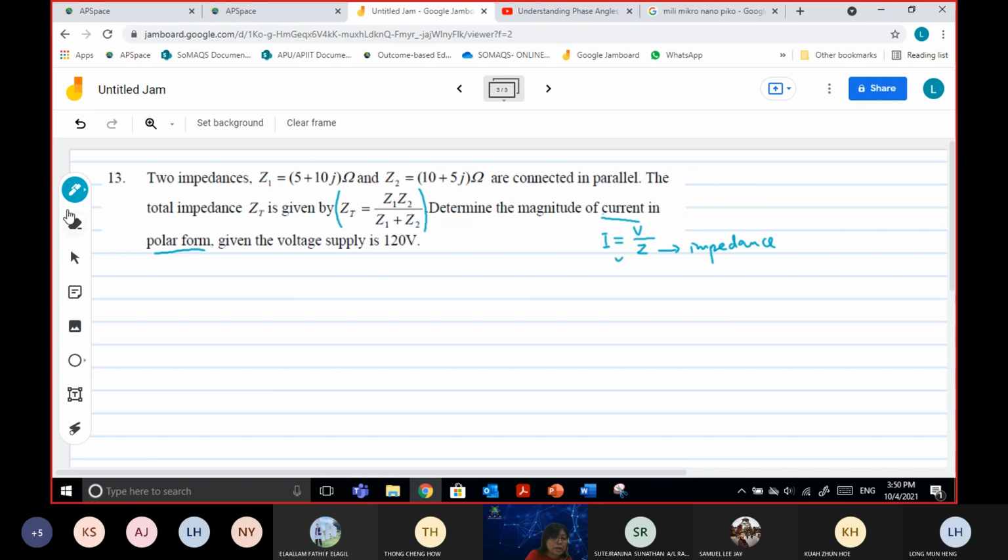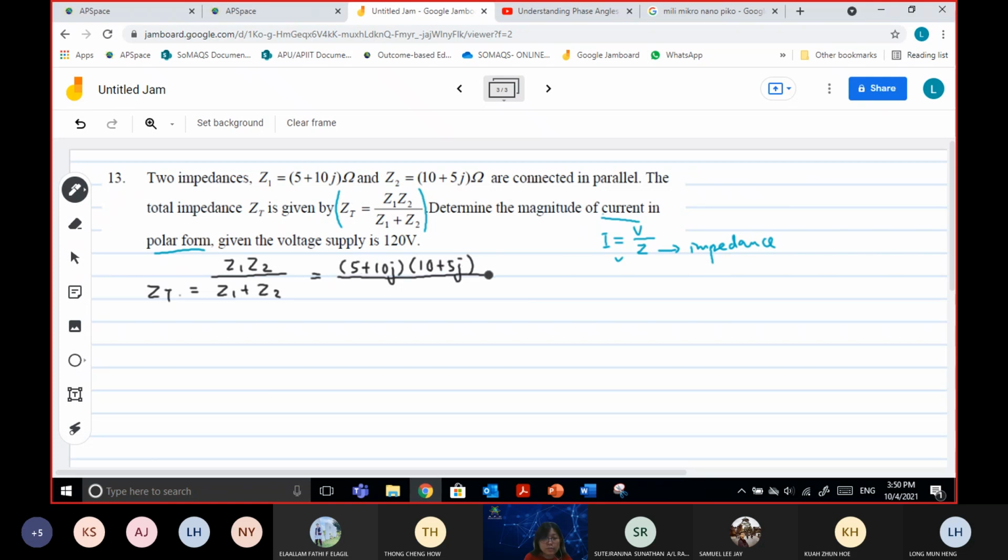Okay, now let's find the ZT, which is equal to Z1 multiplied by Z2, divided by Z1 plus Z2. So Z1 is 5 plus 10J. Then Z2 is 10 plus 5J.